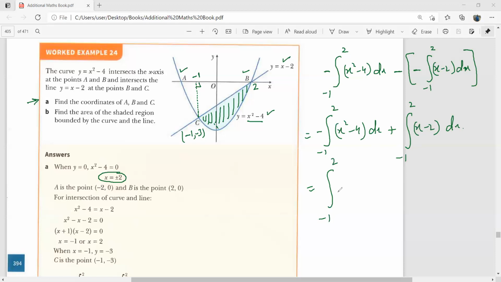So this x minus 2, and then minus this x square minus 4 dx. And finally, before you integrate, you can simplify this. This is going to be x plus 2 minus x squared, and then you integrate this.